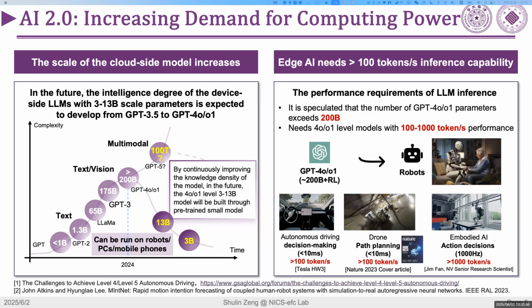And then on the right side, for LLM inference in edge application scenarios, the inference capability will need to exceed 100 tokens per second in the future to meet the requirements of real-time applications. For example, autonomous driving, drones, and embodied AI, that is different kinds of robotics.